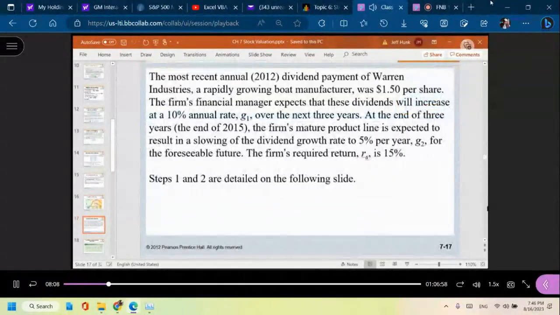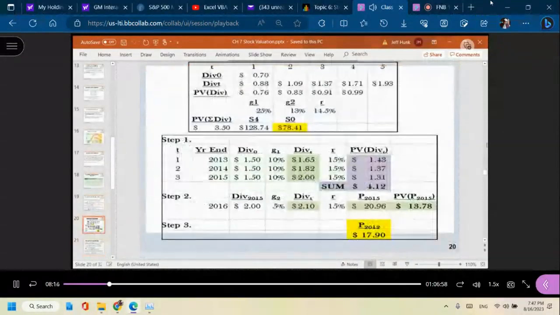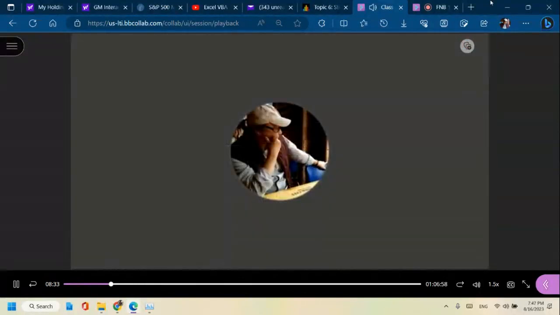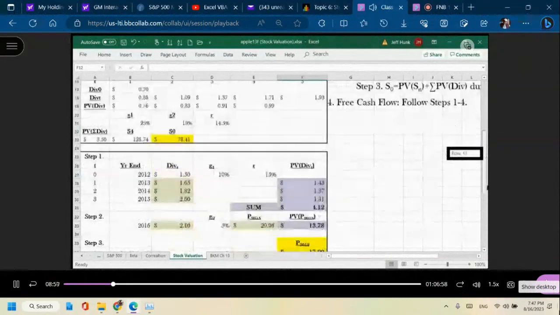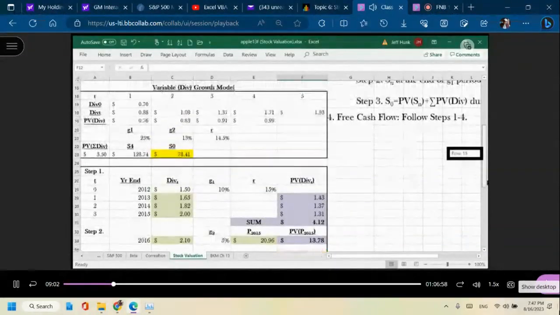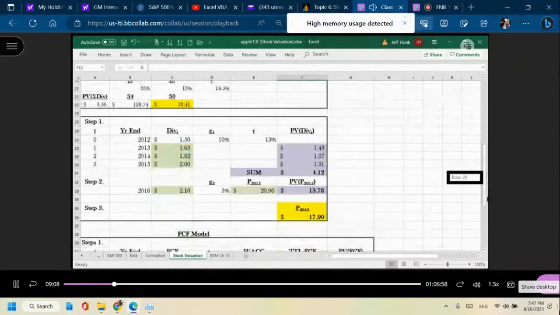In the slide it's done this way, but I did it in Excel, and I will show you. So let's go to Excel first. I have to stop sharing. So here's what I did for that given example.